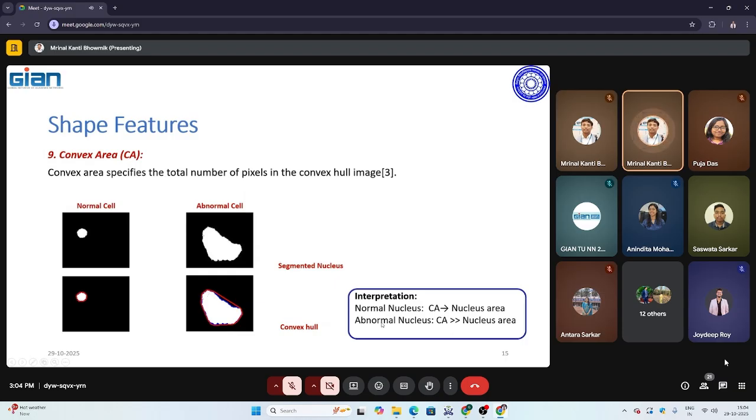For a normal nucleus, this convex area will be equal to the area of the nucleus. But in case of abnormal cells, due to gaps and concavities, it will be much bigger than the nucleus area.